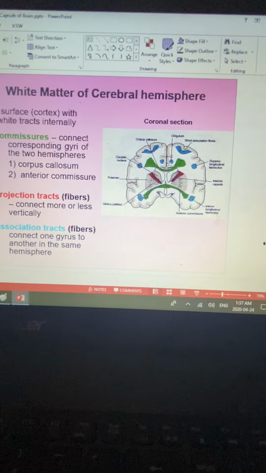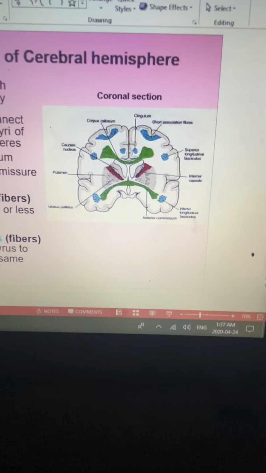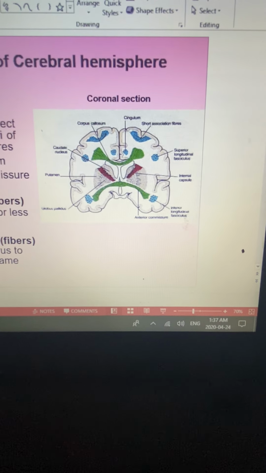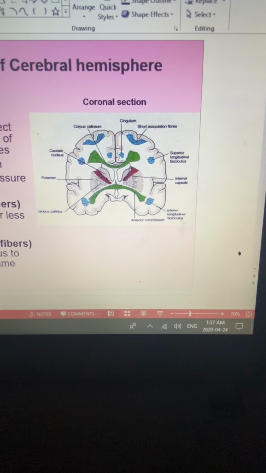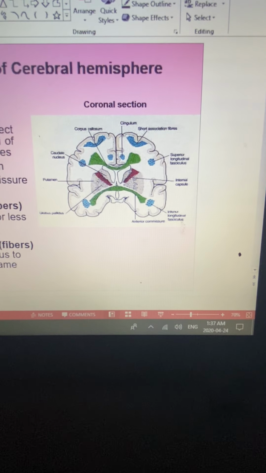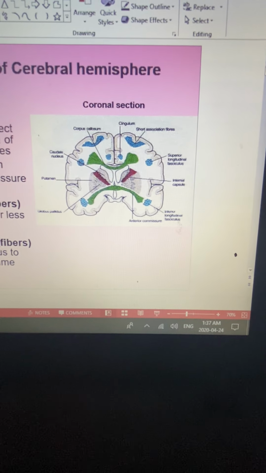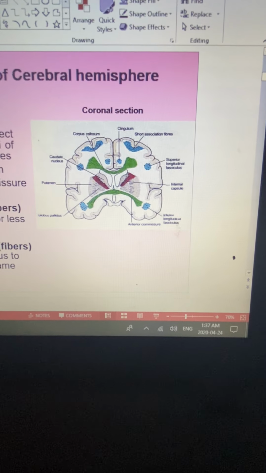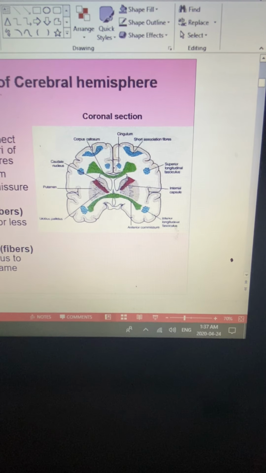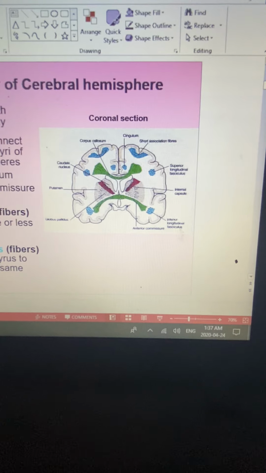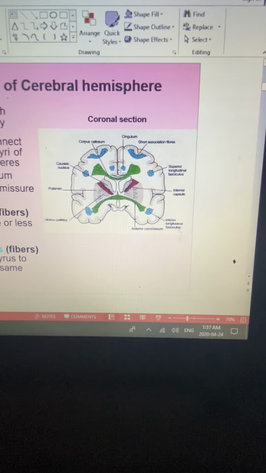You can see in this figure very clearly that the green ones are the commissural fibers, which extend from one cerebral hemisphere to the other, while the blue bundle of fibers are the association fibers. They connect one gyrus to another gyrus in the same hemisphere.